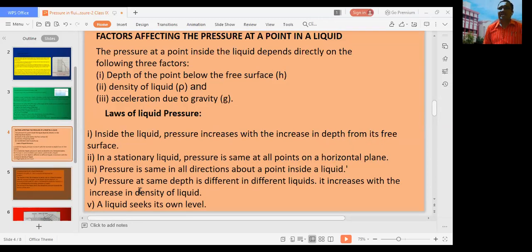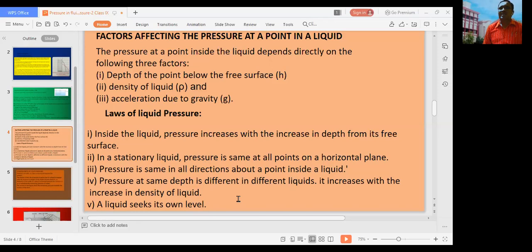Pressure at the same depth is different in different liquids, because the density changes, so the pressure also changes. It increases with the increase of density of the liquid. And a liquid seeks its own level.